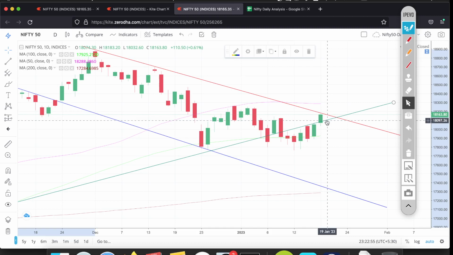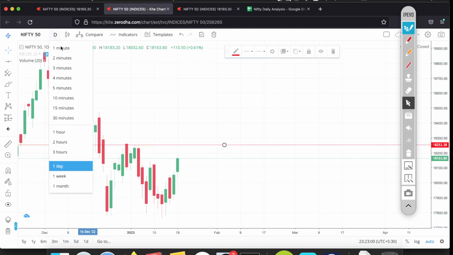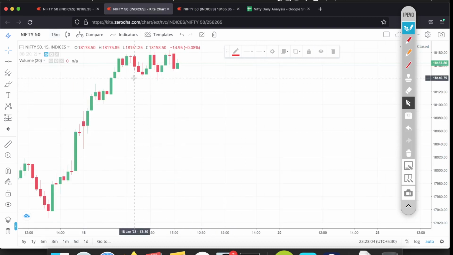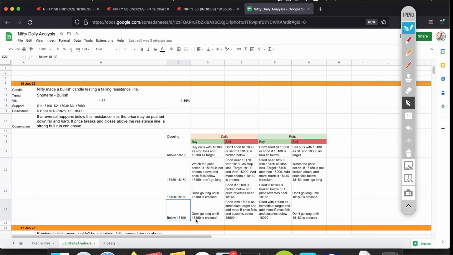And even if price tries to go up, the consolidation range from today will act as a strong resistance. So if price opens below 18,100, you can initiate a few short positions and see if price falls. If it tries to bounce up, wait till the resistance at the range is tested, then you can add more short positions. But in any case, an opening below 18,100 is a strong reversal sign.